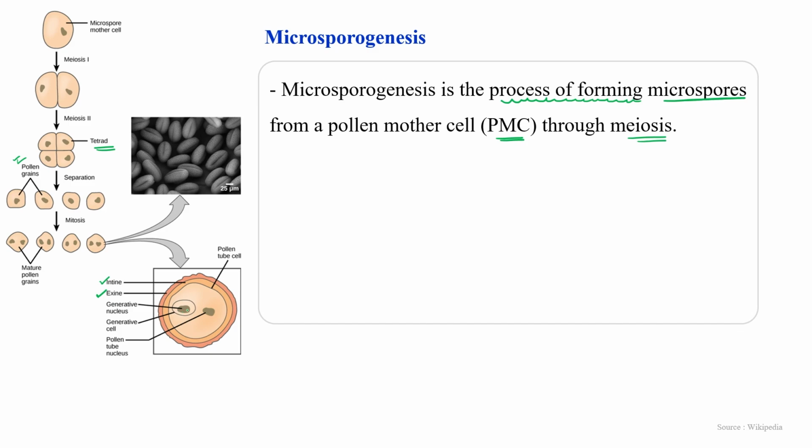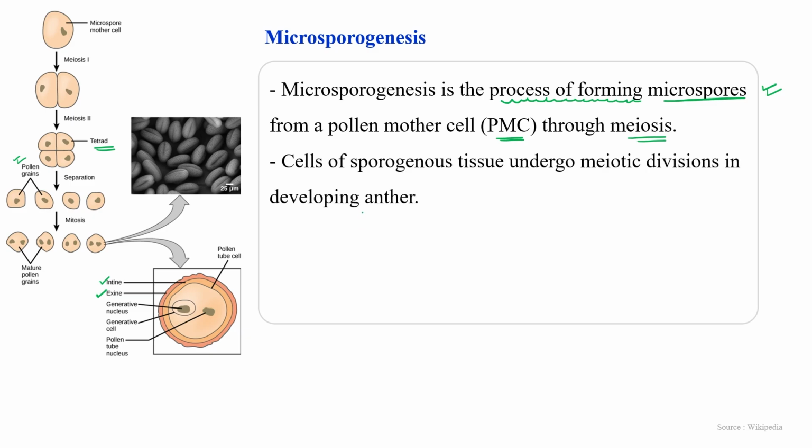In the generative cell, the generative nucleus is present, and here the pollen tube nucleus is present. Okay, so this is the process of microsporogenesis. Microsporogenesis is the process of forming microspores from the pollen mother cell through meiosis. So cells of sporogenous tissue undergo meiotic division in the developing anther.